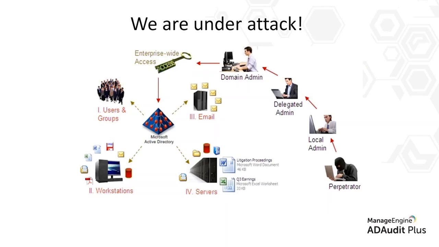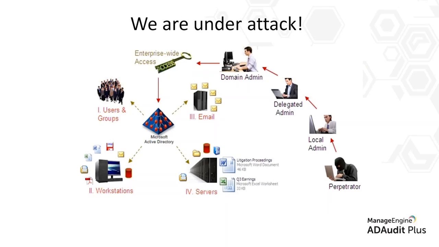It contains an attachment, and just assume he's sending the email to 10 people. About 6 people would give him access to Active Directory. And one among the 6 happens to be the local admin, the delegated admin, and a domain admin. That is the way he gets access to your Active Directory.